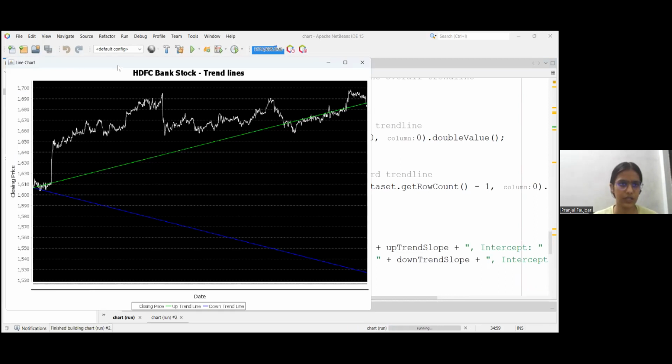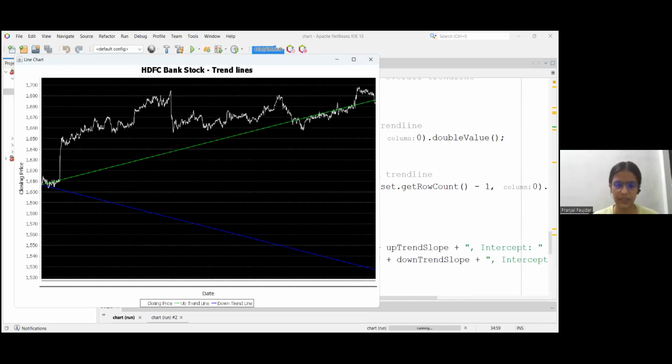Yeah, so here is the output. These are the trend lines. The x-axis is the time period, and the y-axis is the stock closing price.